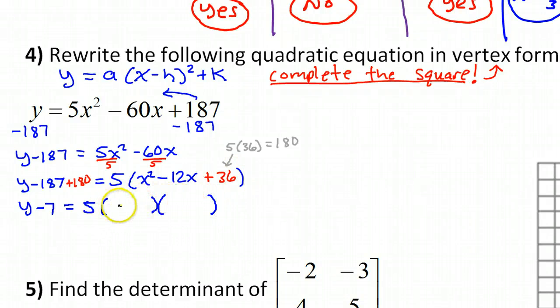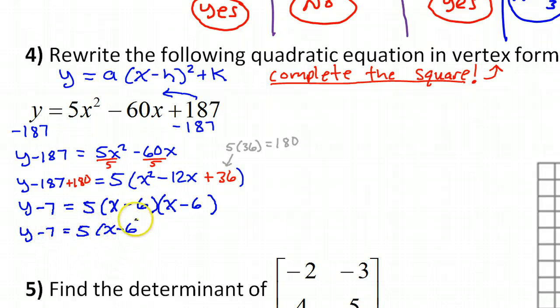X minus 6, x minus 6. Usually it's because kids are forgetting to factor out the 5 first, and they're just sitting there with 5x squared and trying to factor with that. Pull the 5 out, and then we're just factoring this trinomial without the 5. So x minus 6 times x minus 6. So that means I have y minus 7 equals 5 times x minus 6 squared, because that's the same thing twice.